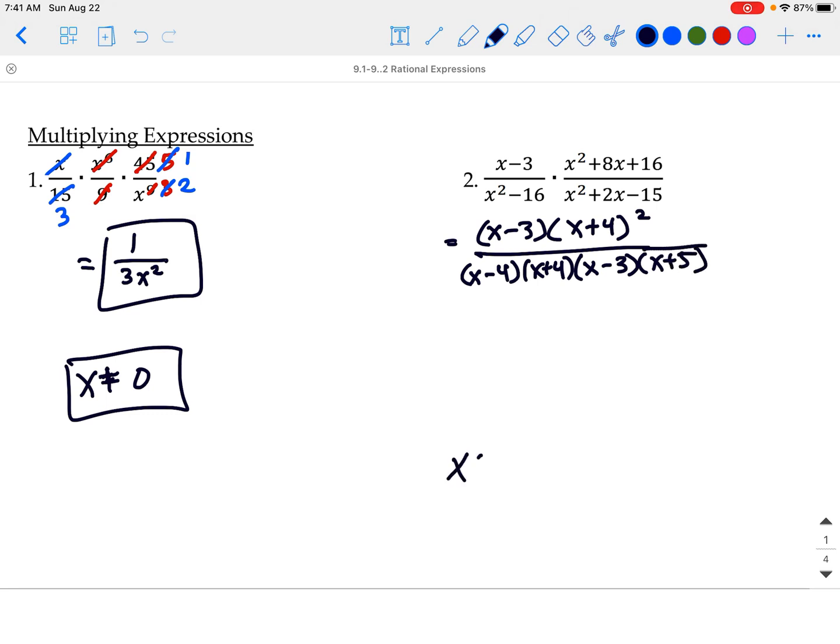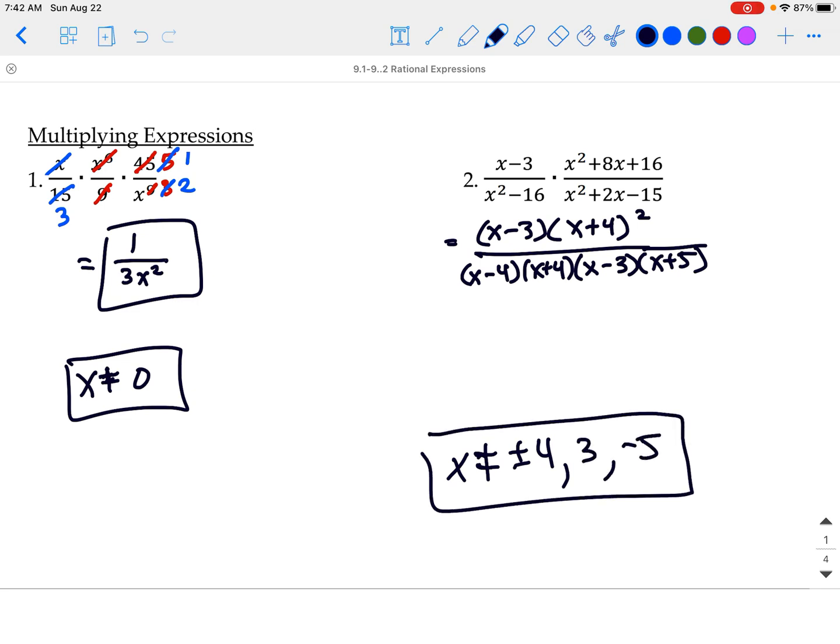And then again, before we do any canceling here, it'll be a good idea to do all of our undefined values. So plus or minus 4, 3, and negative 5 if we look from left to right.